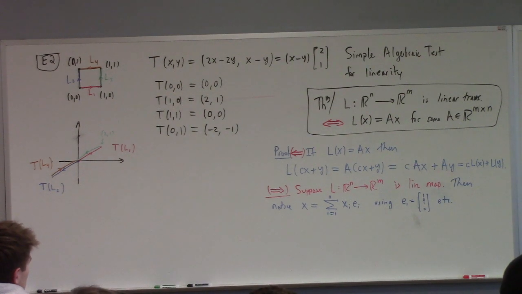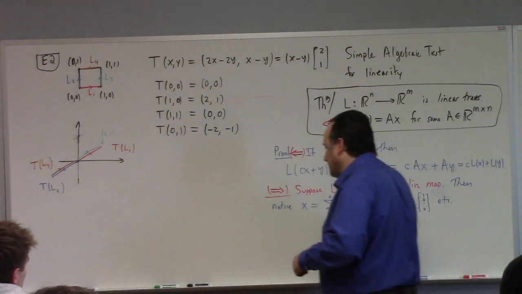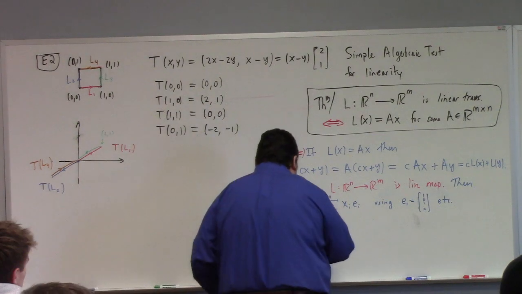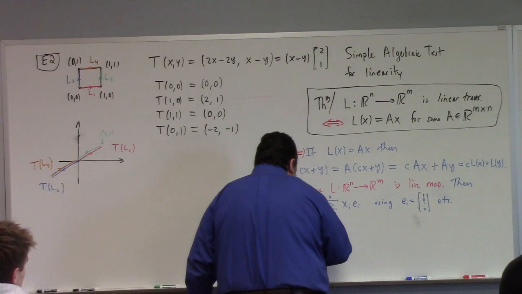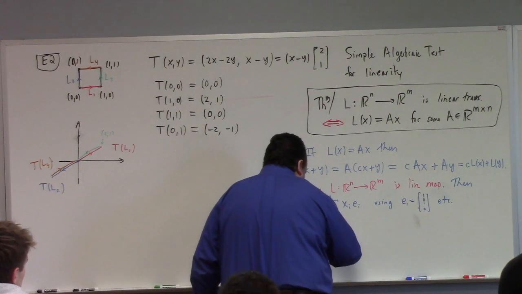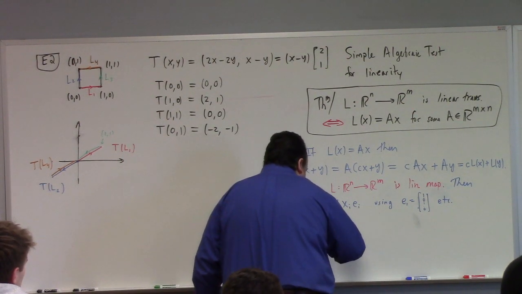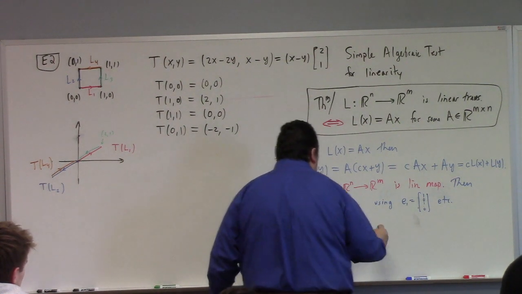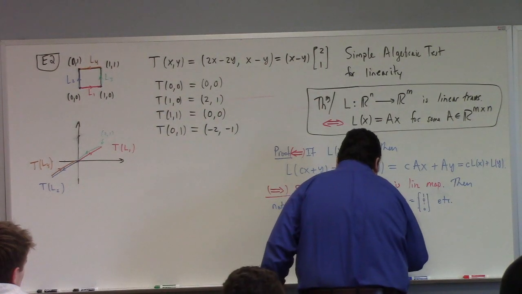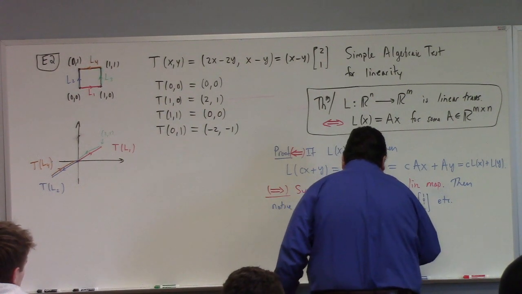But if this is a linear map, we also have the formula that we can pull the summation out of the formula for the linear transformation. So what's that give me? That gives me that L of x is equal to L of the sum, i equals 1 to n, of x sub i, e sub i, which is the sum, i equals 1 to n.